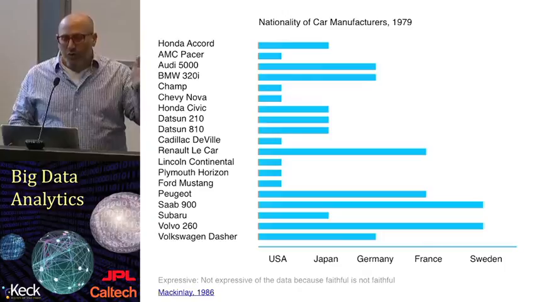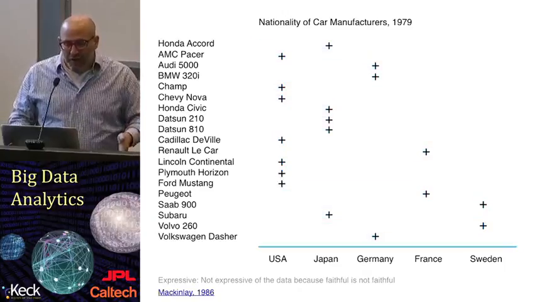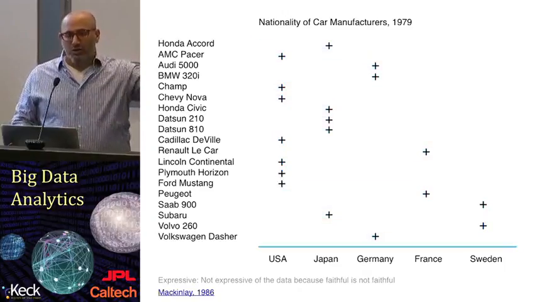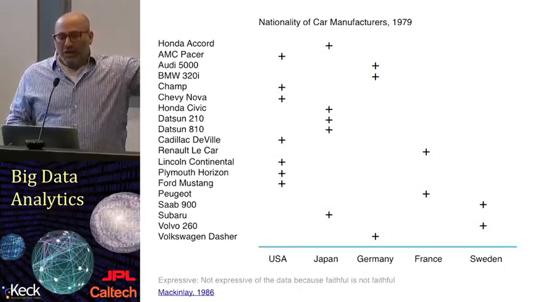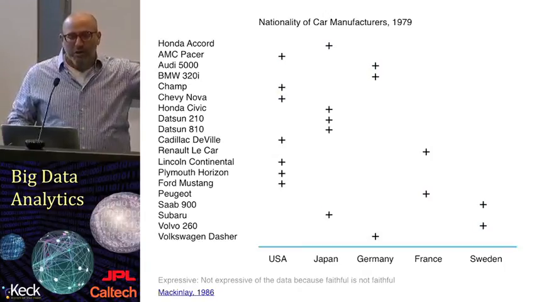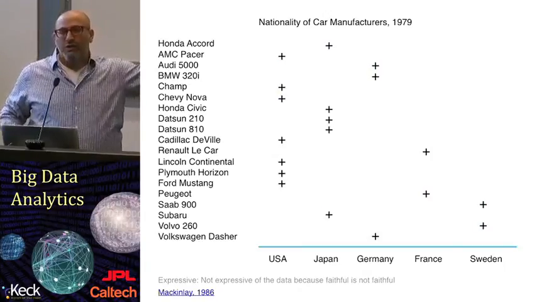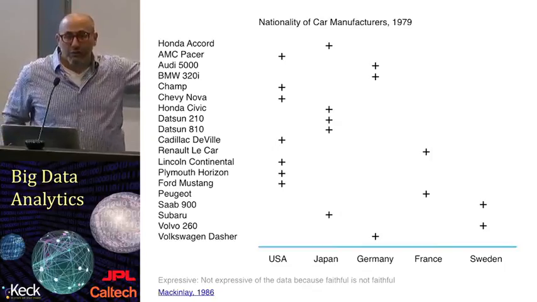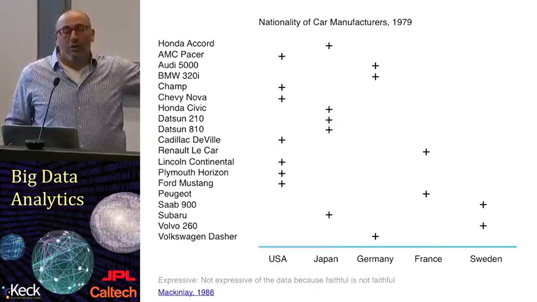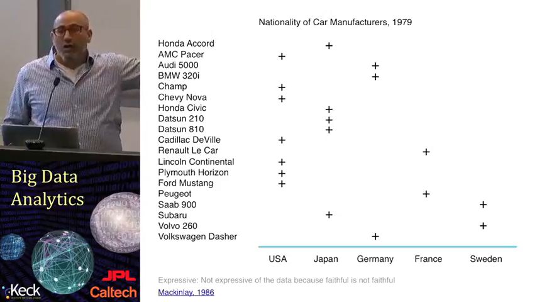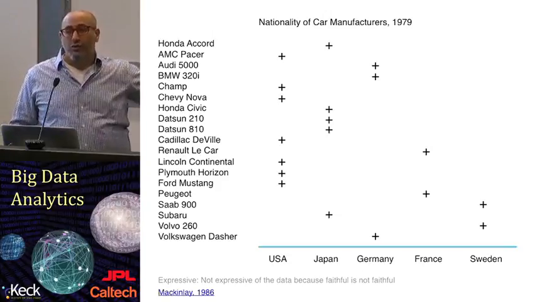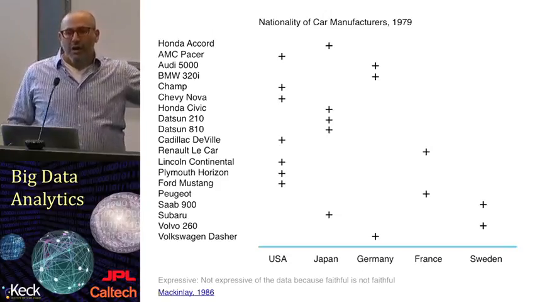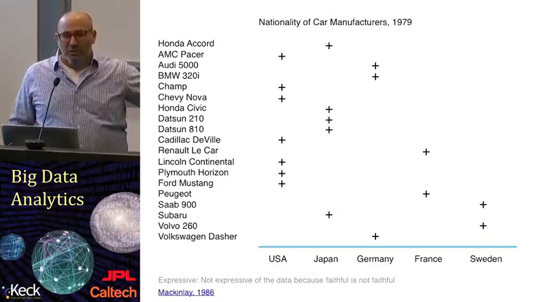And a better way for us to represent this fact would be by showing points. What we actually have is that we're mapping nominal values, right? Category labels, which is the country or the origin of the manufacturer of each car. And nominal values don't have magnitude.